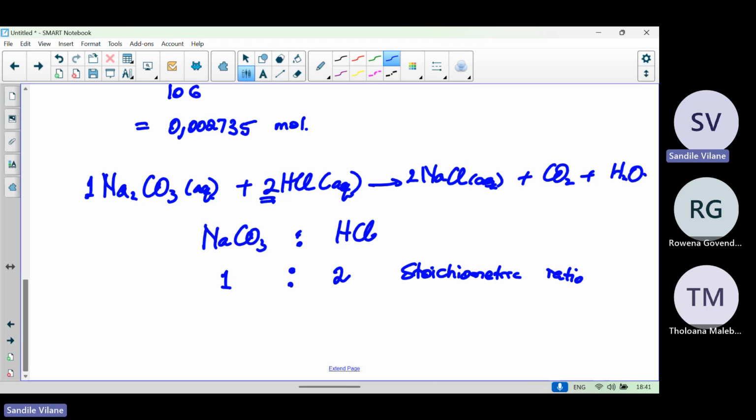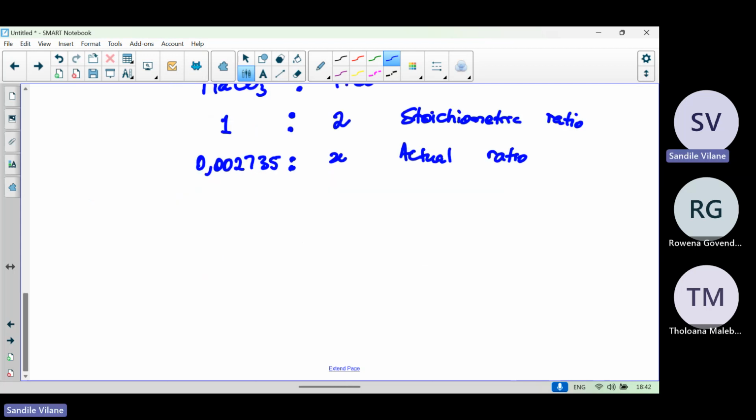But what have I actually mixed here? I've actually mixed 0.002735 moles of this. I do not know how many moles of this acid I am going to need. And this now is what we call your actual ratio. To get to that, we simply do the same way we teach ratios and rate in grade 10.